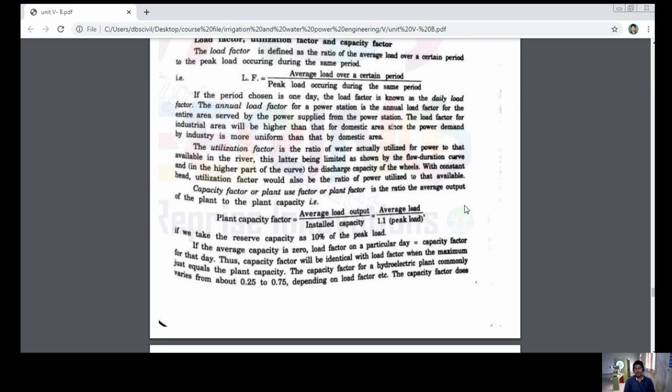Capacity factor, or plant use factor, or plant factor, is the ratio of the average output to the plant capacity. The plant capacity factor is the average load divided by 1.1 times the installed capacity under peak load, if we take the reserve capacity as 10% of the peak load.